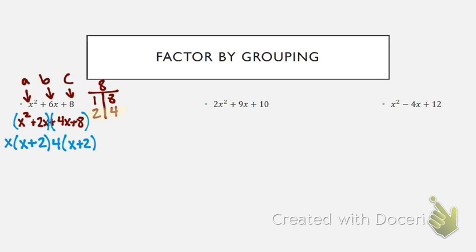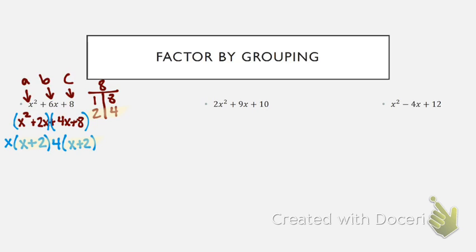Now here is a very key step. What's in parentheses should match. After I factor out my GCF, in both parentheses I have x plus 2. If you do this process of factoring by grouping and you do not have the same thing in both parentheses, you're wrong, and we need to go back to the step before this and figure out what happened.